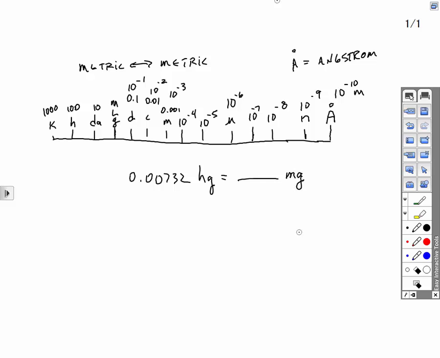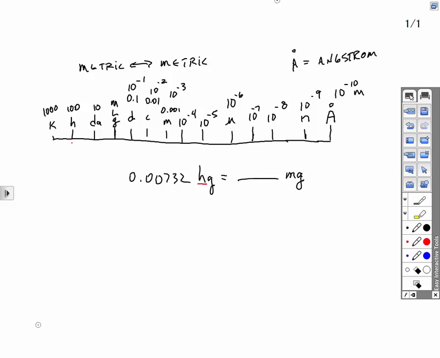So there we have it. Okay, so the way that this is going to work, I'm going to use a different color because I can. The decimal that you have in this 0.00732 hectogram, that decimal is sitting on the H, the hecto. Right now, you're not having to place it there. It's already there. So I'm going to put a dot right there because that's where it's sitting.